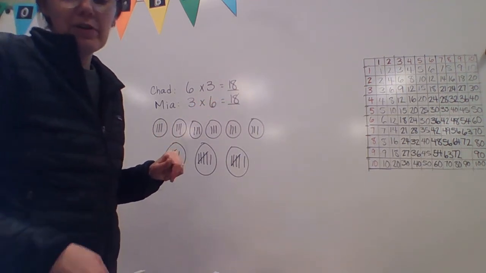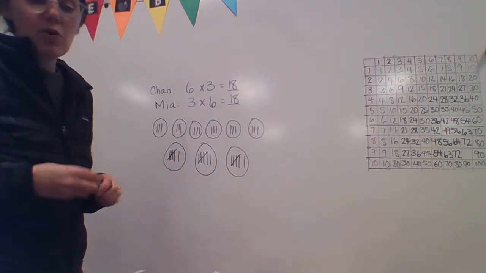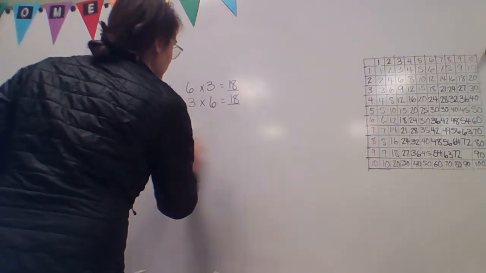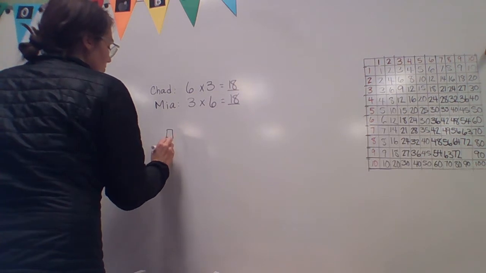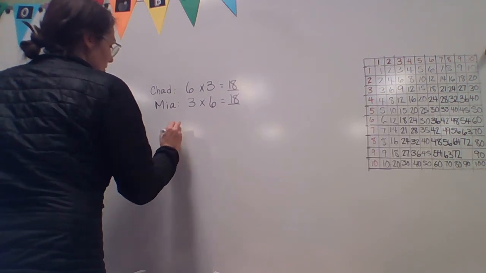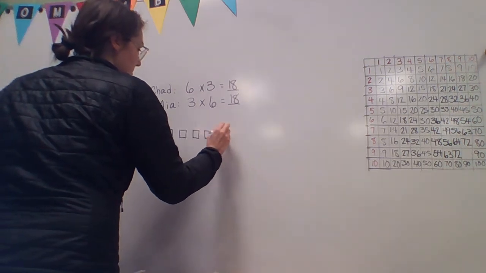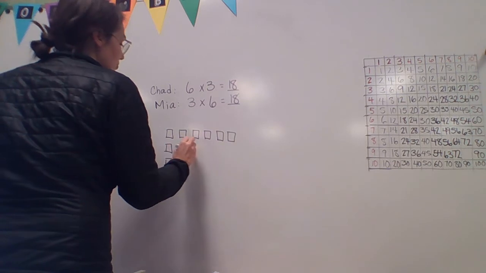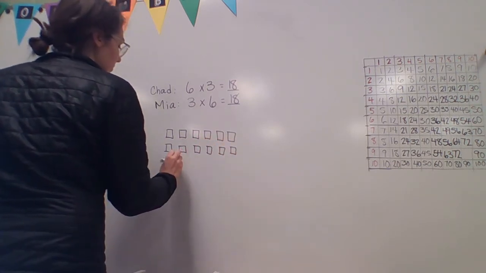They also have underneath a model where you can go ahead and use an array to help you. So if we were to draw an array for Chad, we would have 3 rows with 6 books. 1, 2, 3, 4, 5, 6 in each row, right?